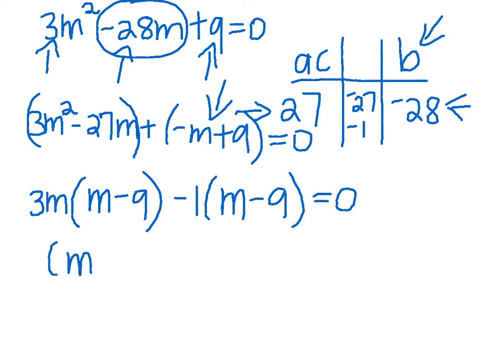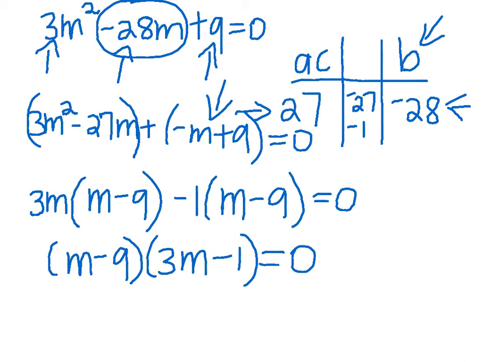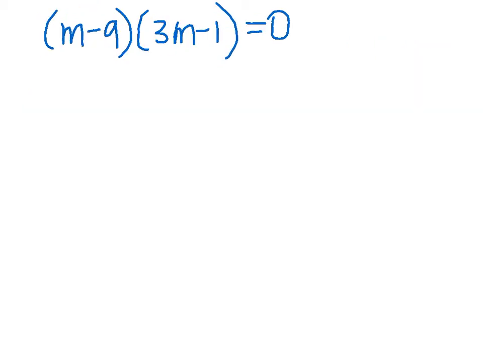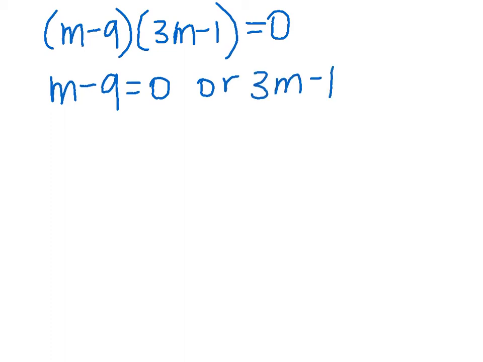So then that factorises as m take 9, 3m take 1 equals 0. Okay, now either m take 9 can be 0 or 3m take 1 can be equal to 0.